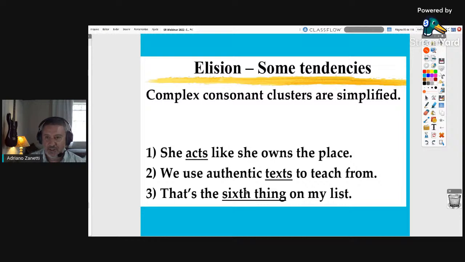Yeah. So once the students are familiar that these are tendencies to happen, yes, they can start thinking about it and how to use these adjustments of pronunciations to their own advantage.